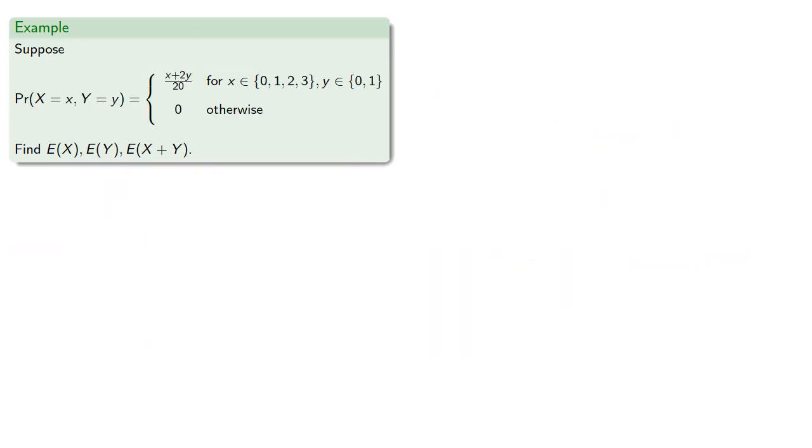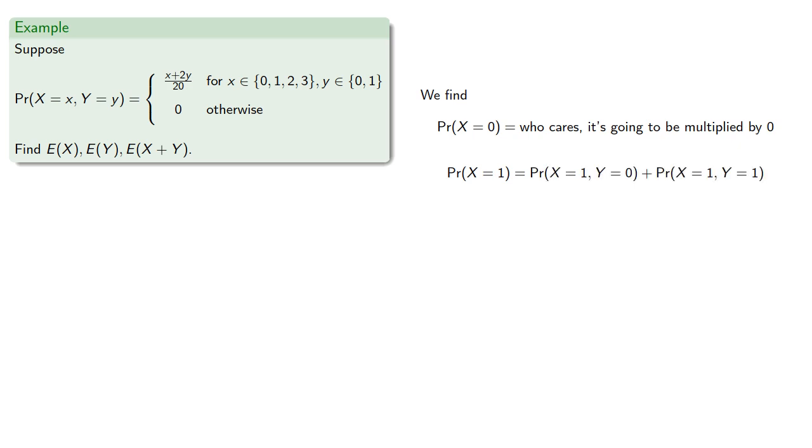and likewise, if we have a function that gives us our probabilities, we can find our expected value of x, y, and the sum. So we find the probability that x equals 0. Well, who cares? It's going to be multiplied by 0. The probability that x equals 1, well, that will occur if x is 1, y is 0, or if x is 1, y is 1.